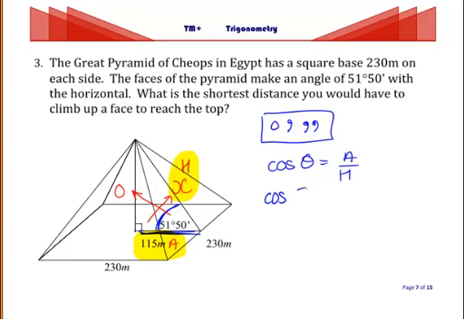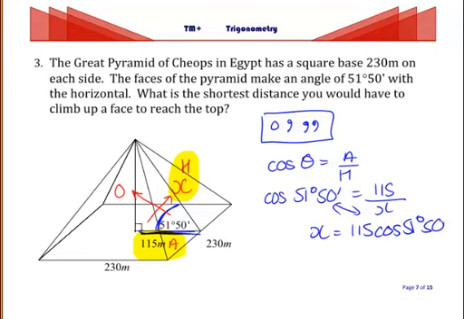Cos 51 degrees 50 minutes equals 115 over X. Swap these over, so X equals 115 cos 51 degrees 50 minutes. To enter that in your calculator, 115 times cos. Now when you enter your degrees and minutes, you just go 51, hit that degrees, minutes, seconds button, and then 50, and then hit that button again, and then press enter.